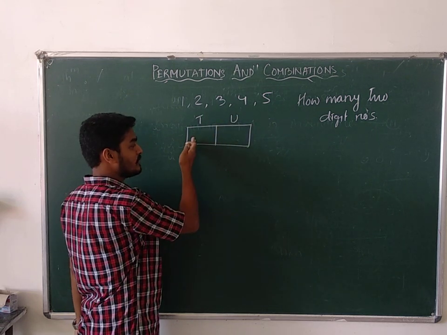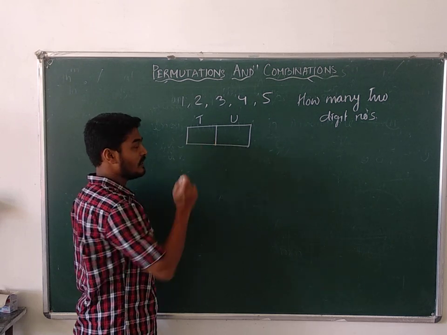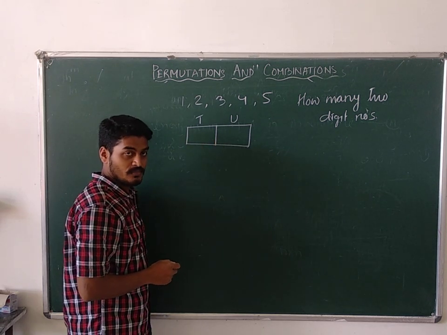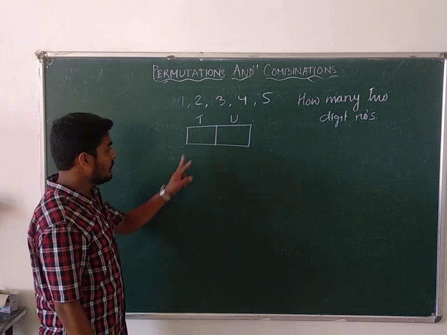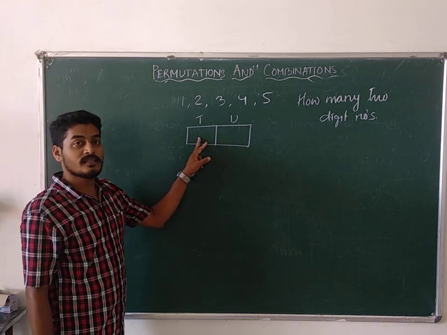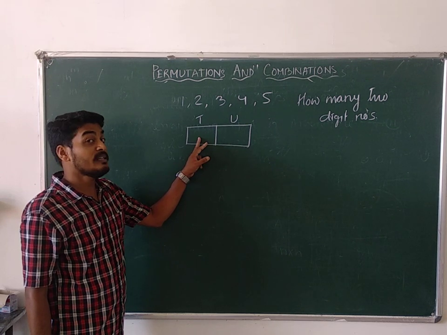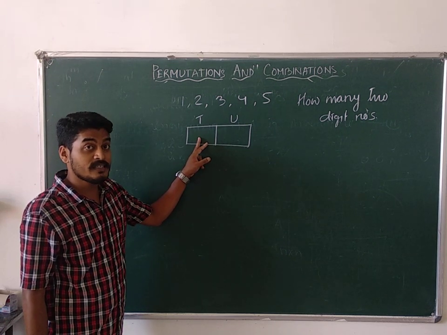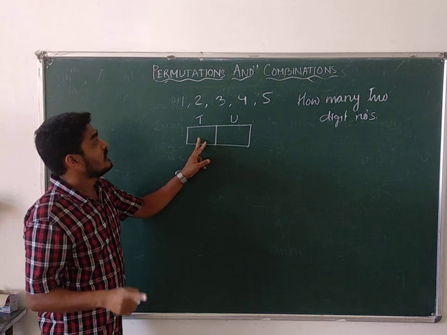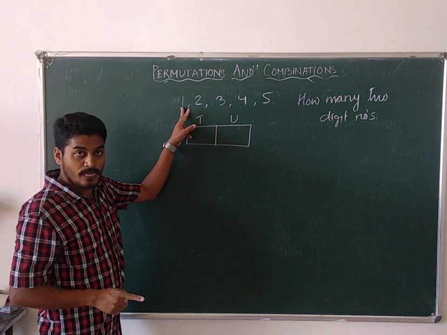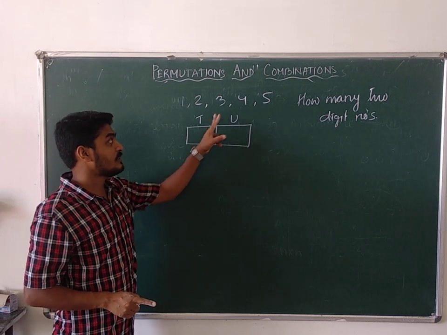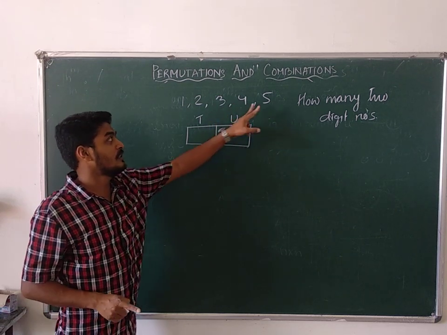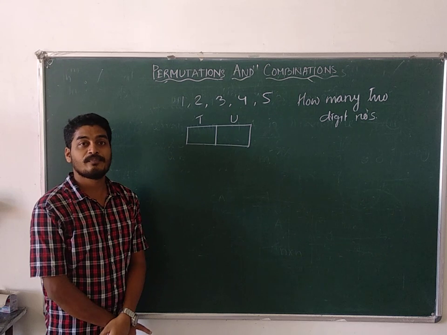Suppose I want to fill up the tens place first. If you want, you can start from the unit place also, but I have decided to start from the tens place. So in how many different ways can you fill up the tens place? What number can you write here? How many possibilities are there? If you want, you can start with 1, or write 2 here, or 3, or 4, or 5.